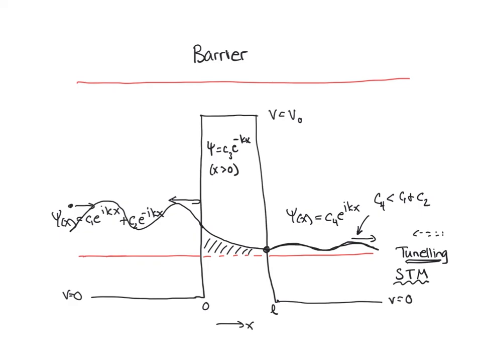So I'm going to have a long wavelength when I'm over the barrier, but my kinetic energy on either side of the barrier is going to be higher, and so I'm going to expect a shorter wavelength when I'm on either side of the barrier. Remember that the curvature, how wavy that wave function is, tells me about the kinetic energy. So the shorter the wavelength, the higher the kinetic energy.